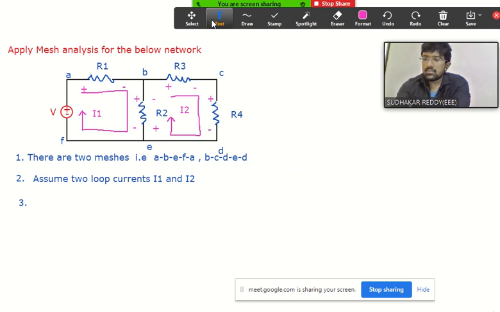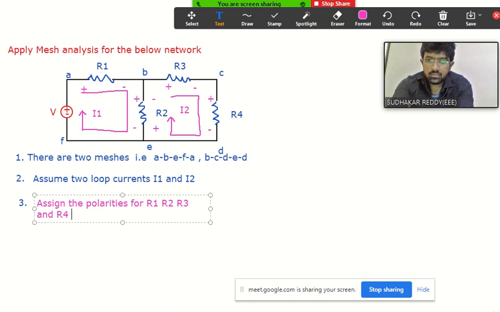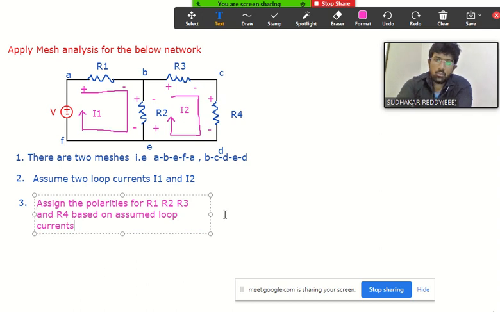Assign the polarities for R1, R2, R3 and R4 based on the assumed loop currents, right? So based on the assumed loop currents, we need to assign the polarities.